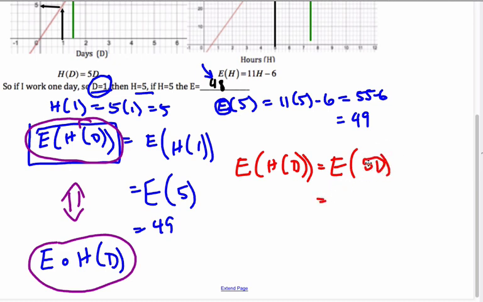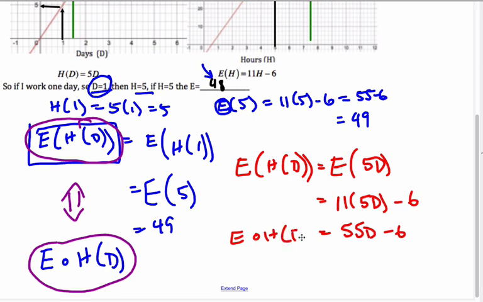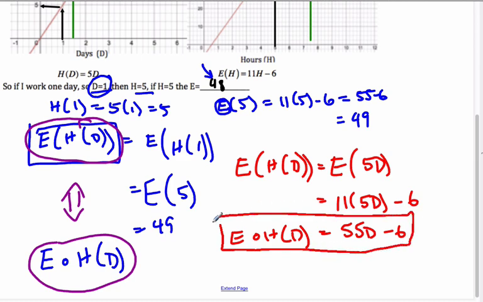Take this value and plug it in to my E function, and it's going to be 11, not h, 11 times 5d, which is my h value, minus 6, which is 55d minus 6. And this is E of h of d. Now, I've bypassed hours altogether, and that's the power of a composition function.